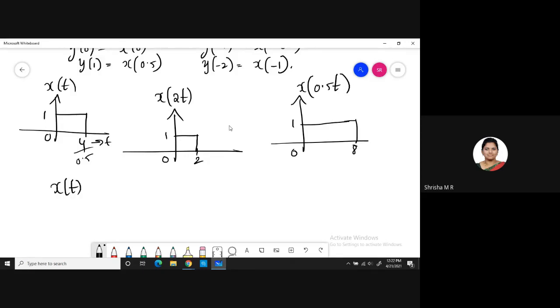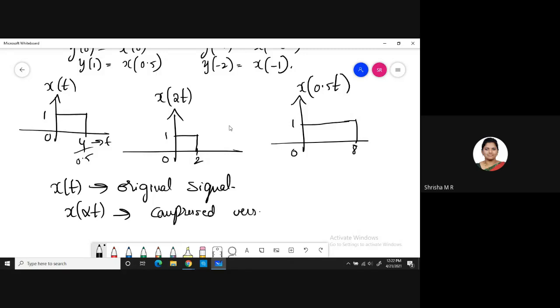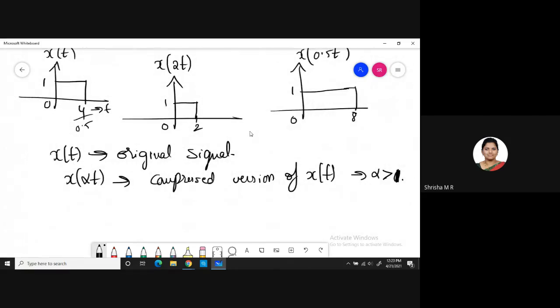So what is the bottom line of this discussion? If we have a signal x of t as the original signal, then if you have x of alpha t, what do you get? You have a compressed version of x of t, right? If alpha is greater than 1, or if alpha is an integer, you'll get a compressed version of x of t.